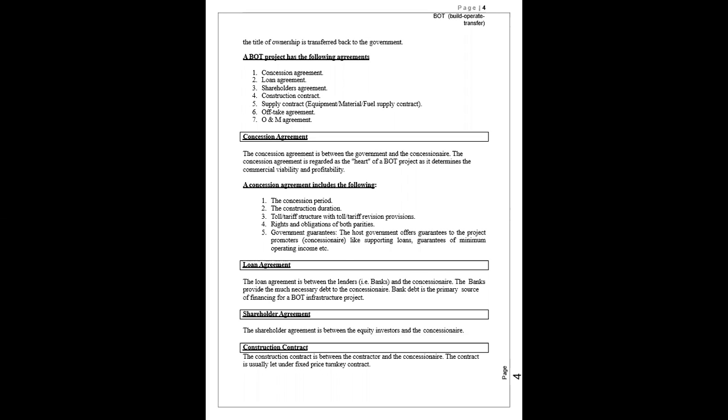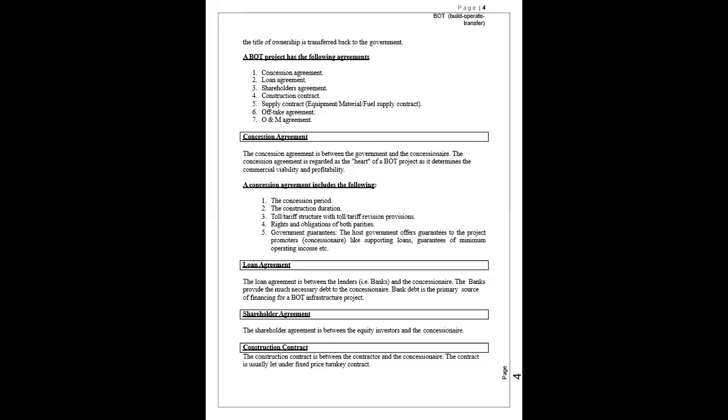Is it right? Suppose you have chosen a road on which 2000 vehicles are running per day, but out of 2000 vehicles, 1800 are two-wheelers, and for two-wheelers there is no toll. So what is the use of those 1800 vehicles on that road?